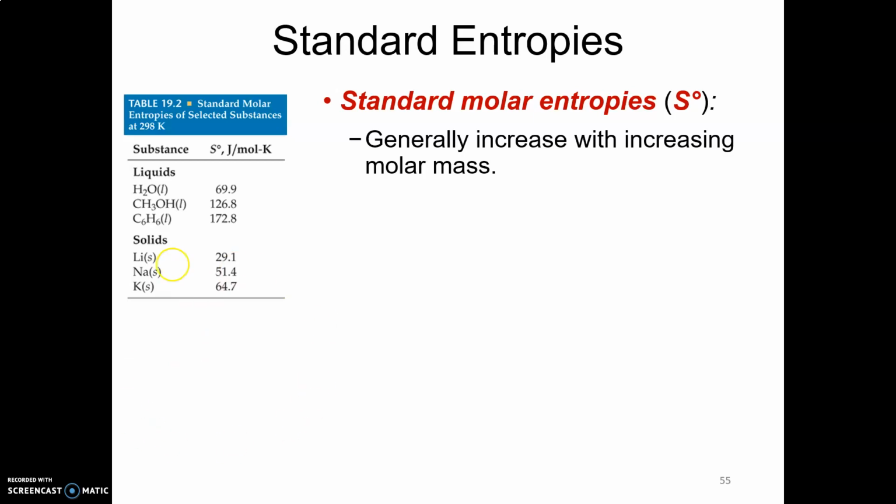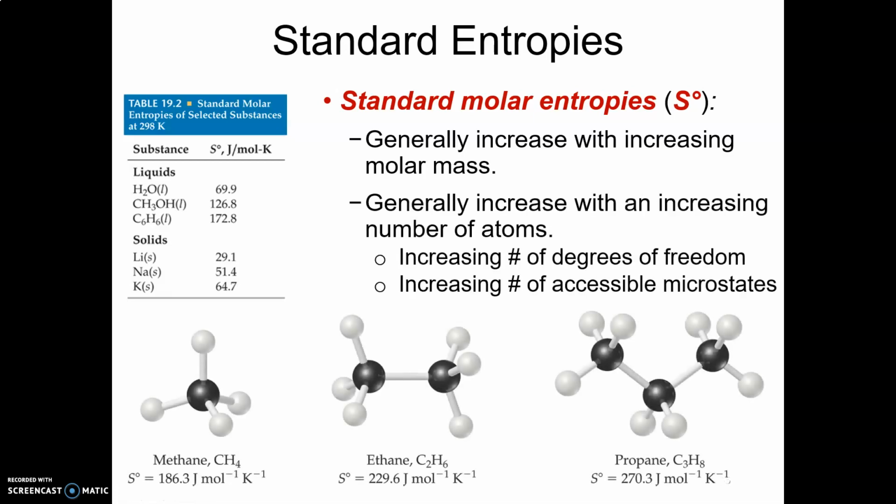Well, if you look at lithium, sodium, and potassium, what we're doing here is climbing our way down a column, which means molar mass is going up. The London forces are going up. And what do you also notice is going up? The entropy, because more electrons means more disorder within the molecules. Also, take a look at this.